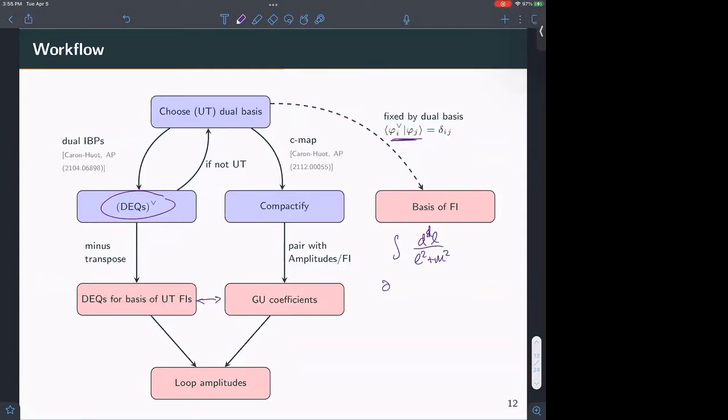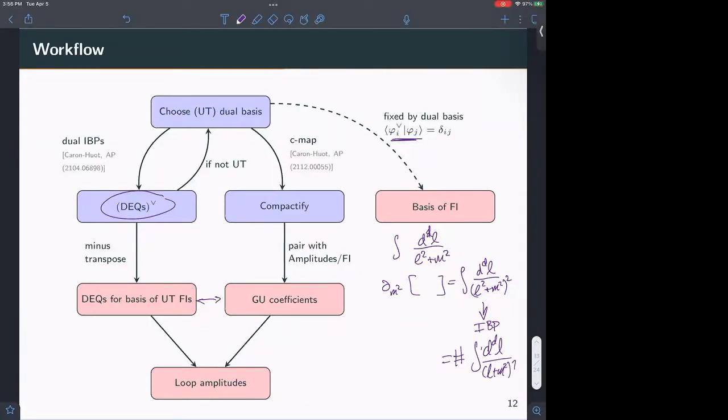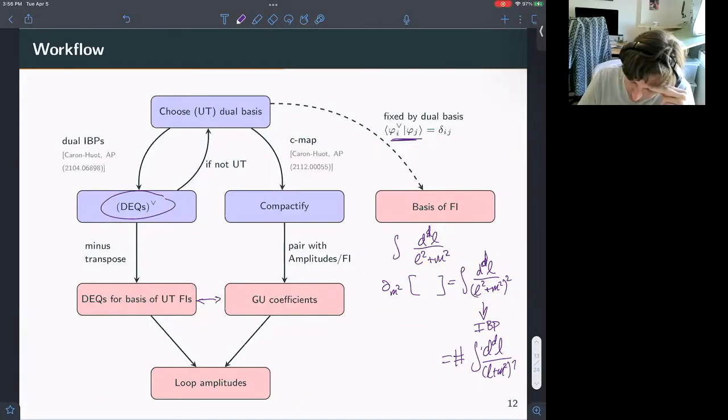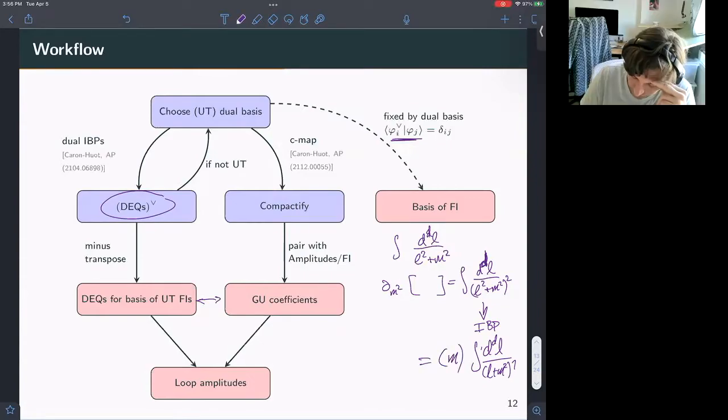So if I do d by dm squared, and you do integration by parts, then this will be some number times my original integral. And where's epsilon? Epsilon's hidden in this d. I think d is 4 plus epsilon. This should be like m squared to some power, essentially.